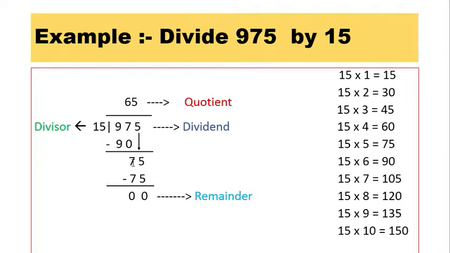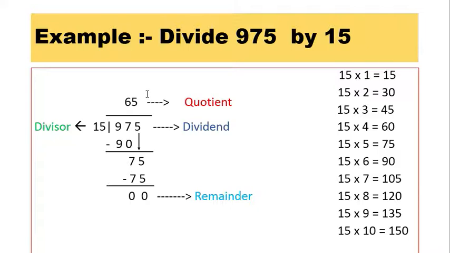So next, in 15's table, can we find the 7? No, 7 is less than 15. So we take another number. Next is 5. 5 comes down, making 75. We can find 75 in 15's table. Can we find it? Yes. 15 multiplied by 5 is equal to 75.